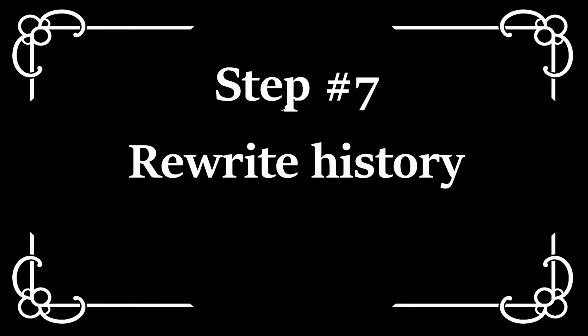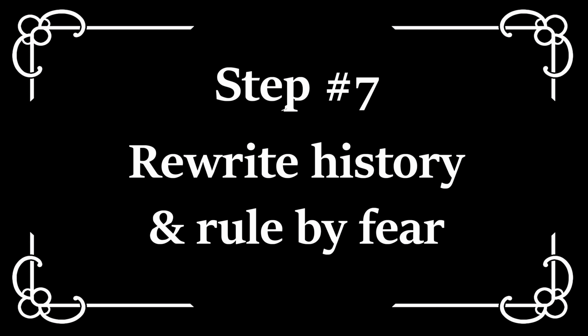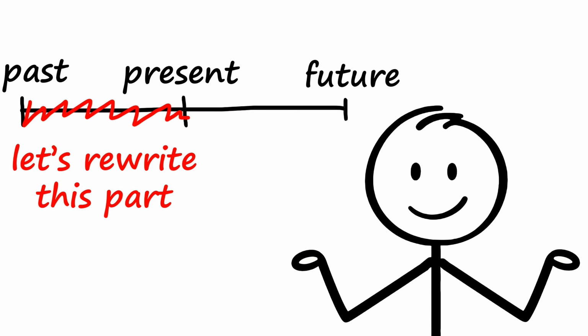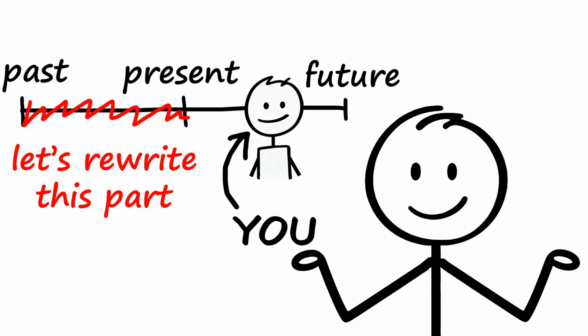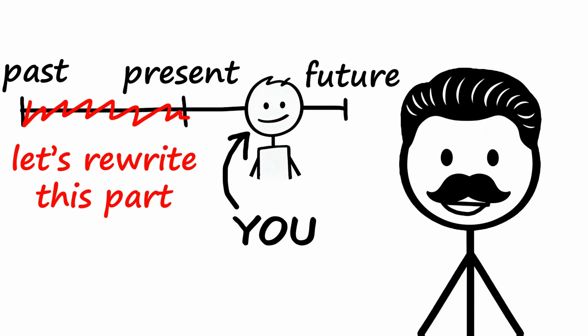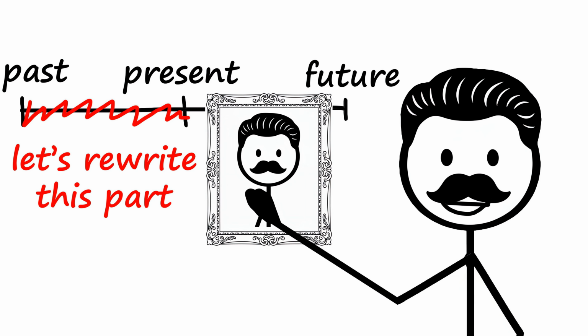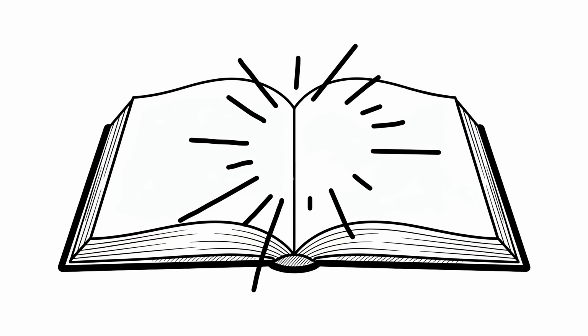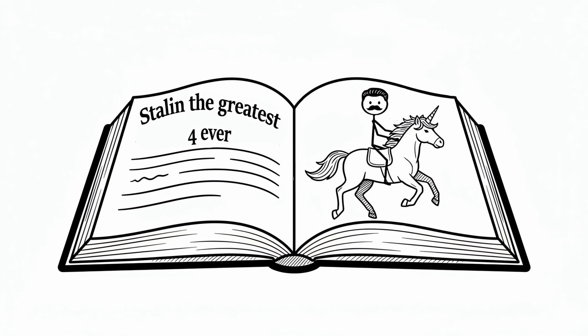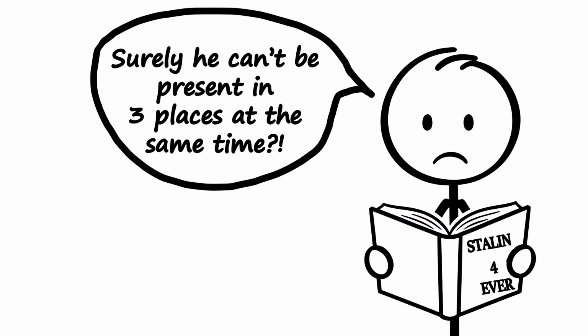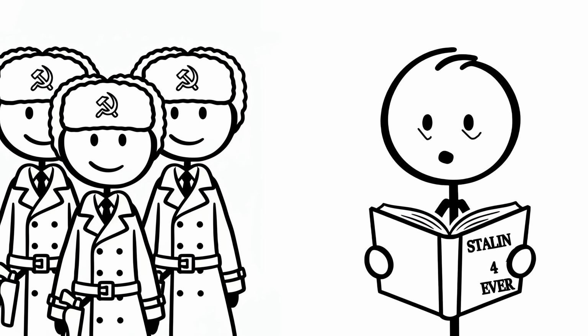Step number 7. Rewrite history and rule by fear. Finally, it is now time to rewrite the past so the future always includes you. Stalin did exactly that and turned history books into his personal fan fiction. He edited textbooks to make himself the hero of every revolution, and everyone who disagreed was never heard from again.